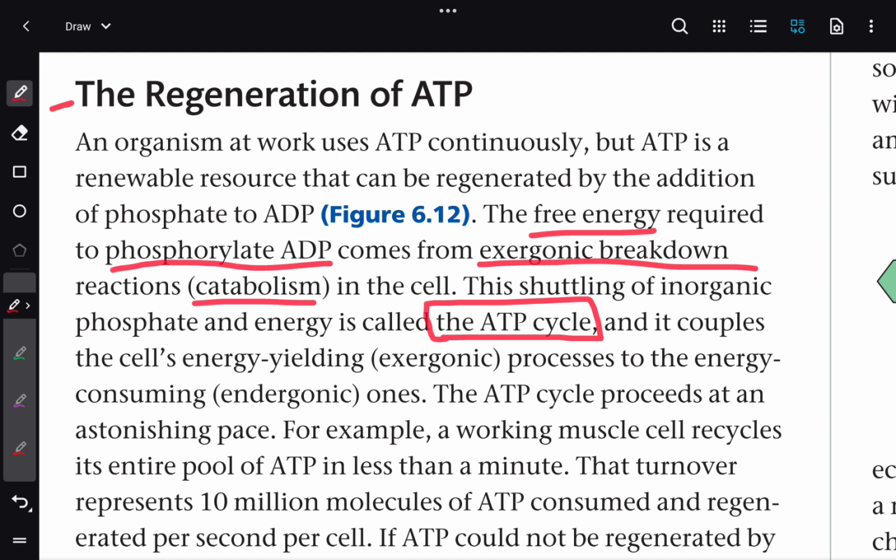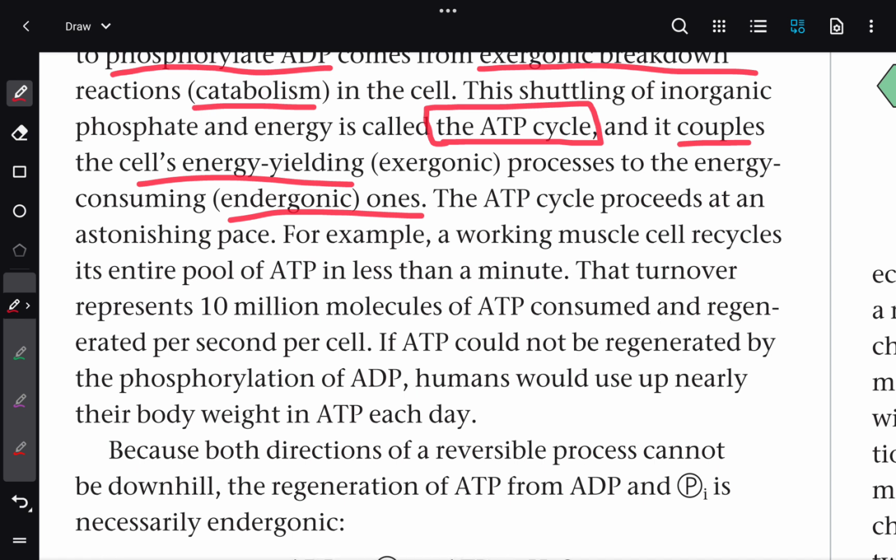It couples the cell's energy-yielding processes to the energy-consuming ones. That's an idea we covered before, the coupling of exergonic and endergonic reactions, so that there's never equilibrium, because that's the death of the cell. Now, the ATP cycle proceeds at an astonishing pace.